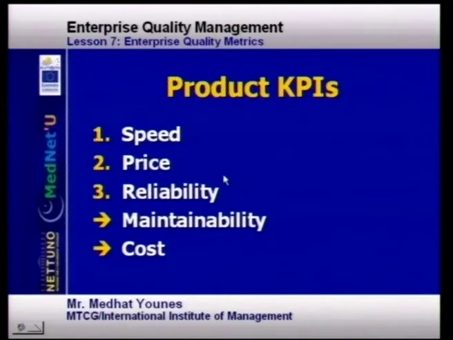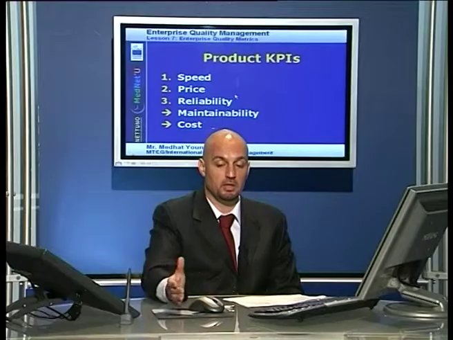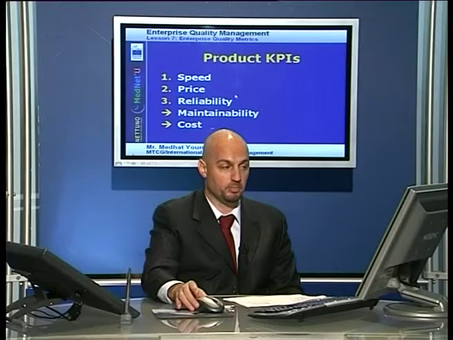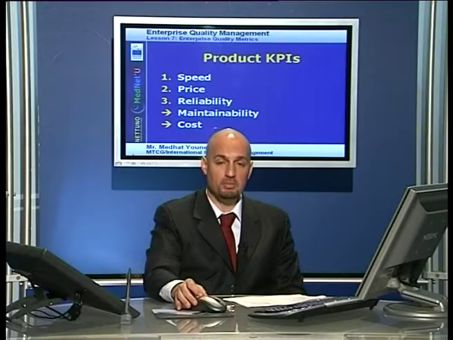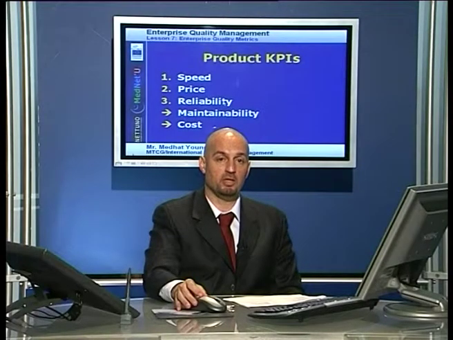The price, the selling price compared to your competitors, is another metric or KPI. The third KPI is reliability. A very useful industry measurement unit is what we call MTBF, or mean time between failures.